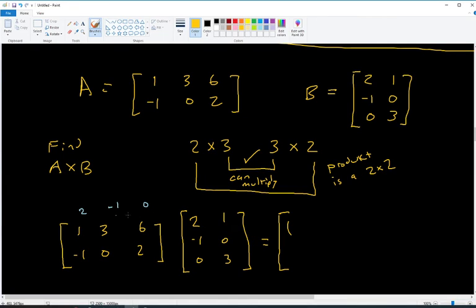So we'll get a 2 times a 1 plus a -1 times a 3 plus a 0 times a 6. And then when we hit the bottom entries, we'll get 2 times -1, plus -1 times 0, plus 0 times 2.